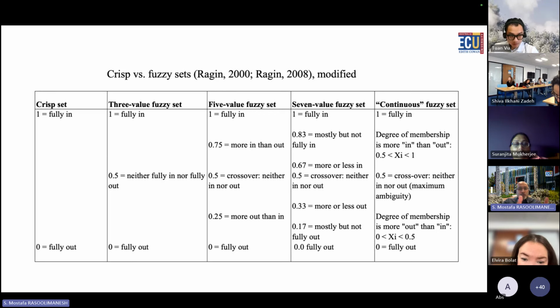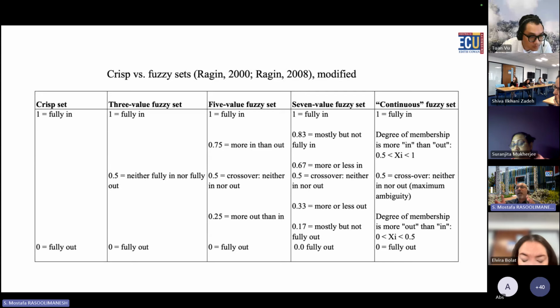So you can also see another type of fuzzy set. If we consider a fuzzy set, for example, with 5 values, 1 can be fully in, 0.75 can be more in than out, 0.5 crossover, 0.25 more out than in, and 0 fully out. So this is the place where we convert QCA to fsQCA.